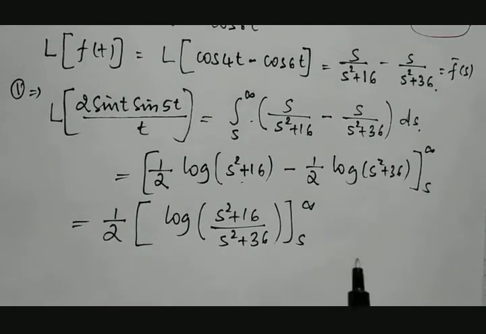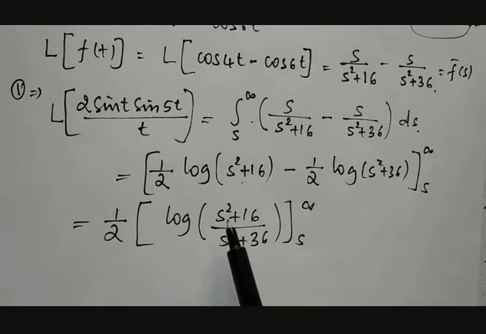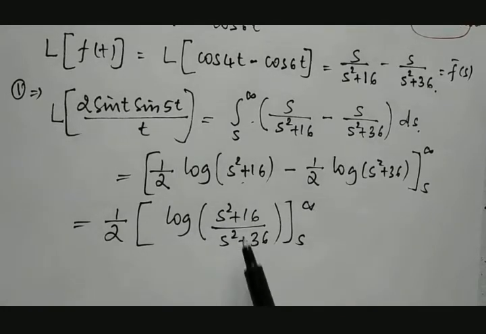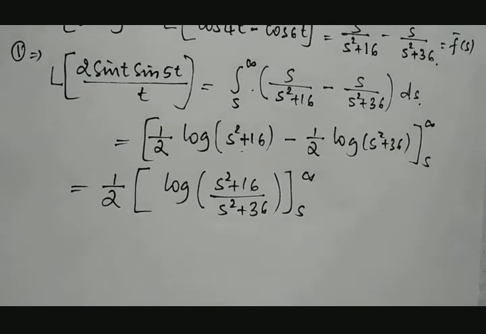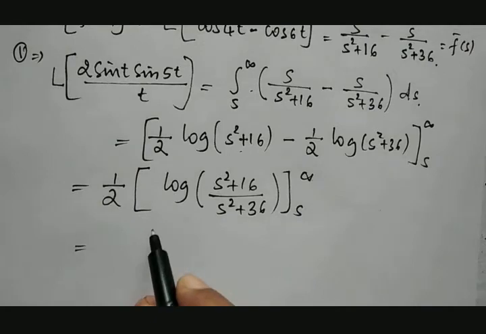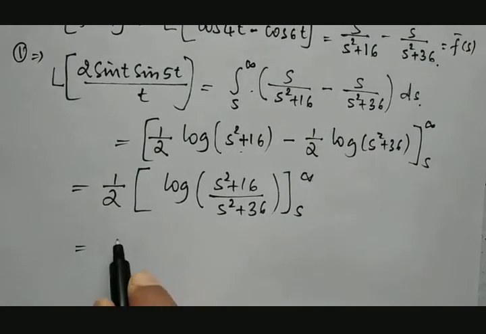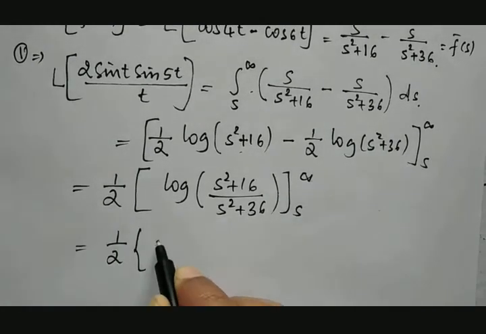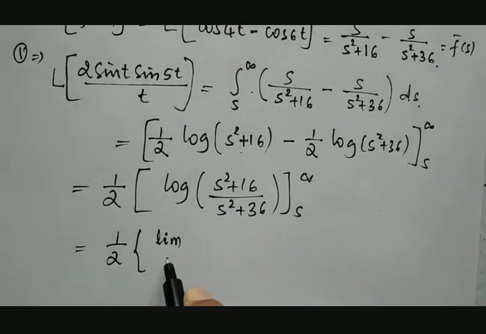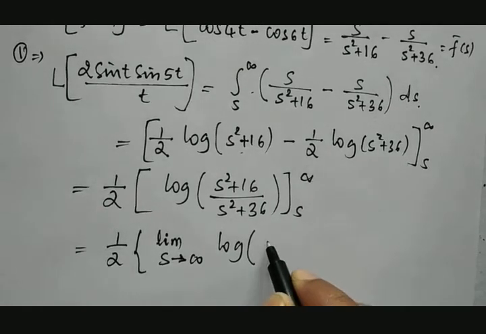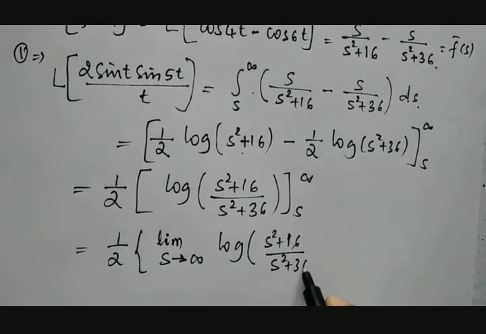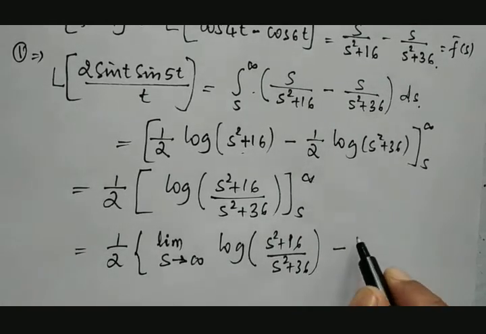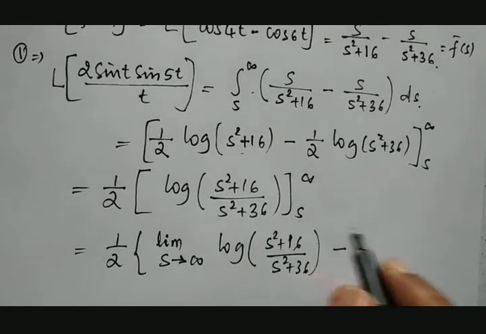In this case, if I substitute infinity in place of s, then it becomes logarithm of infinity by infinity, which is a tricky thing, and it cannot be resolved directly. For that purpose, only for the first term, we will keep everything under the limit as s tends to infinity of logarithm of s square plus 16 divided by s square plus 36, minus, when we substitute the lower limit, then no problem at all.